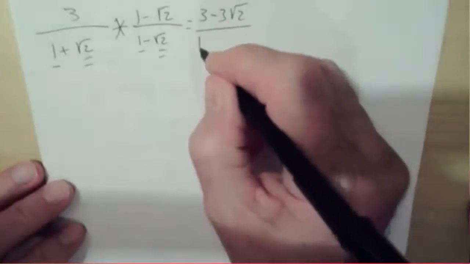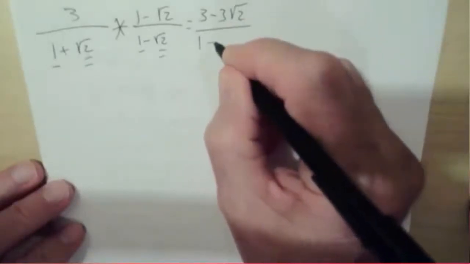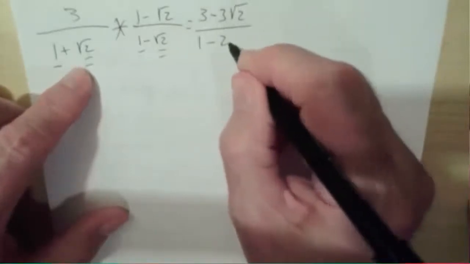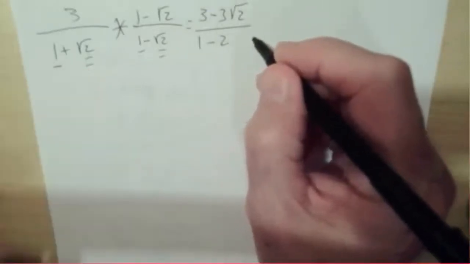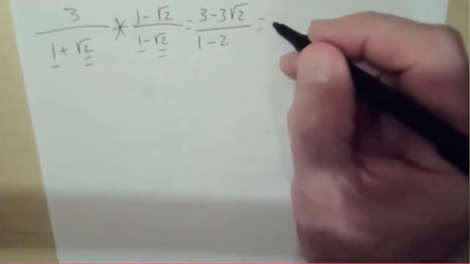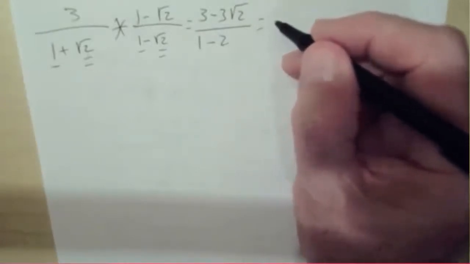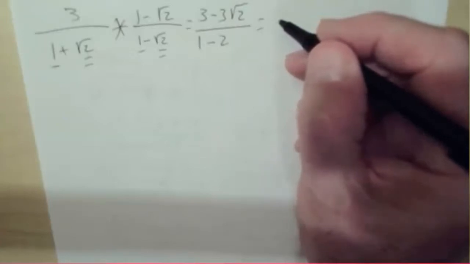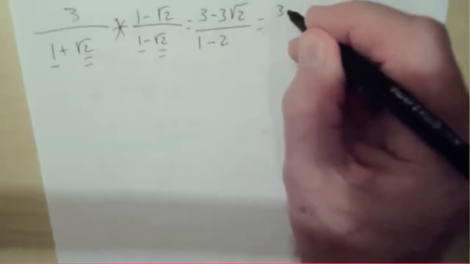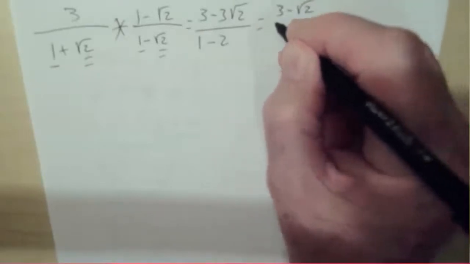Okay, so that's going to be 1 minus square root 2 times square root 2 is 2, right? We just eliminated that thing. So we have 3 minus the square root of 2 over -1.